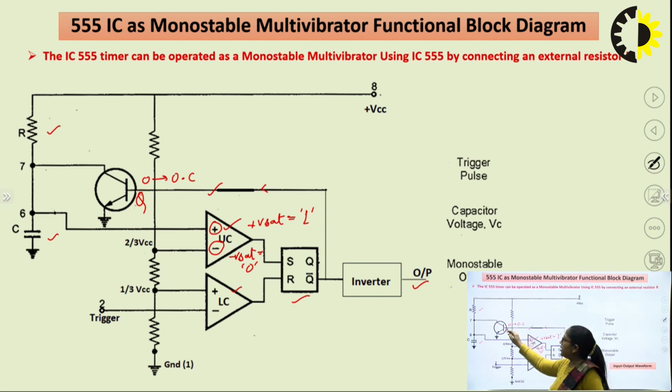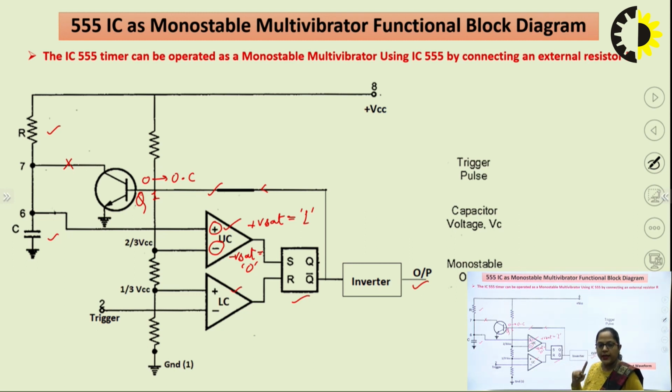So, if low voltage is appearing at the base of a NPN transistor, this circuit will be in cutoff mode and will behave like open circuit. When this transistor will be open circuit, then further this is connected to this particular point, this path will be broken. Fine. If Q bar is 1, then 1 will appear at the base of transistor.